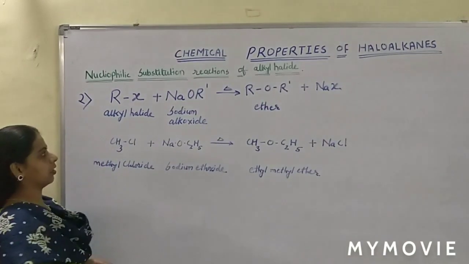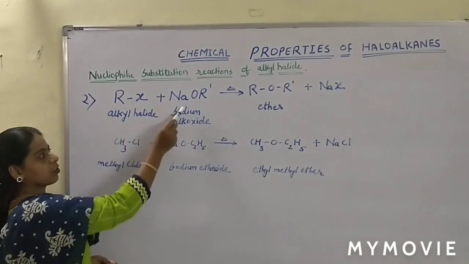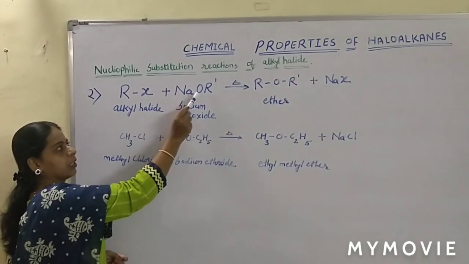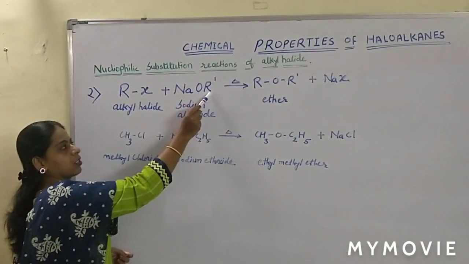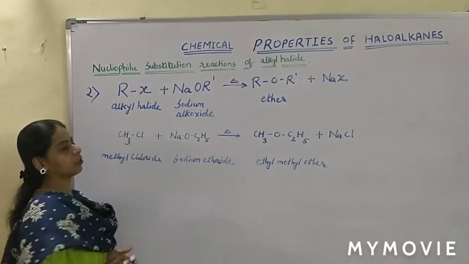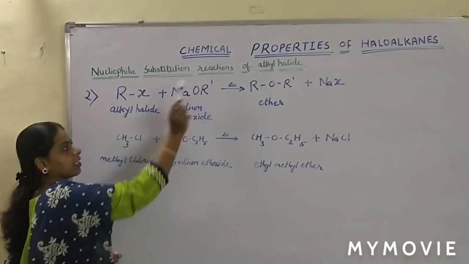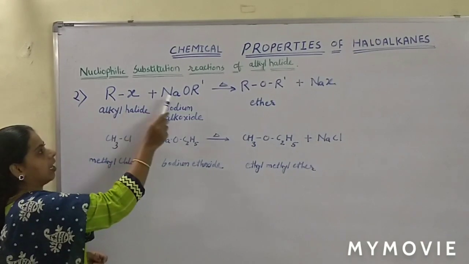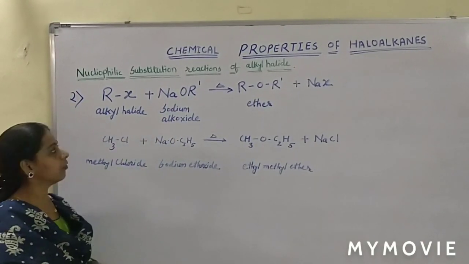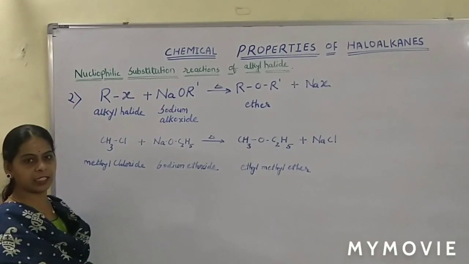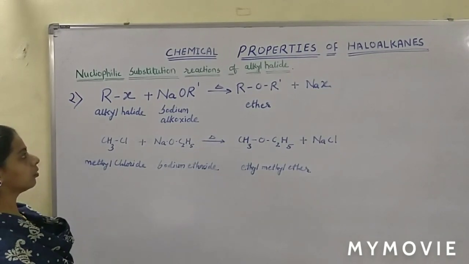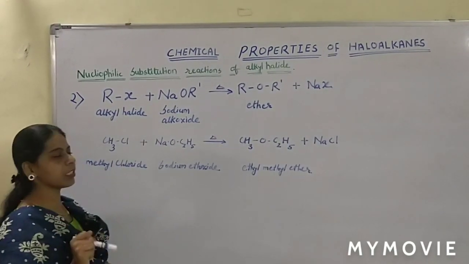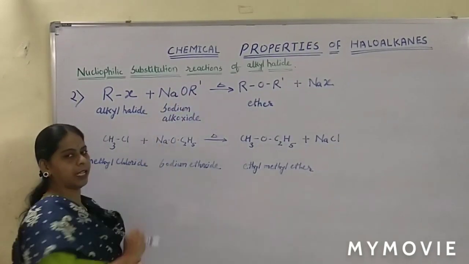Now second reaction, alkyl halide reacts with sodium alkoxide. This is the formula of sodium alkoxide: sodium connected with the alkoxyl group, that is OR, so it is an alkoxide. I wrote R dash in that reaction because I am using a different alkyl group. R and R dash may be the same or may be different; for differentiation only I wrote R dash.